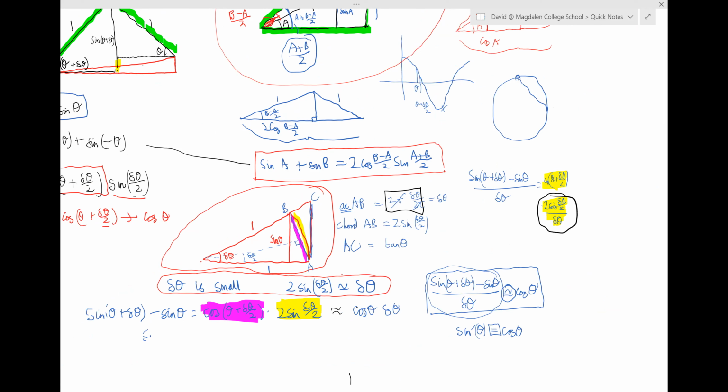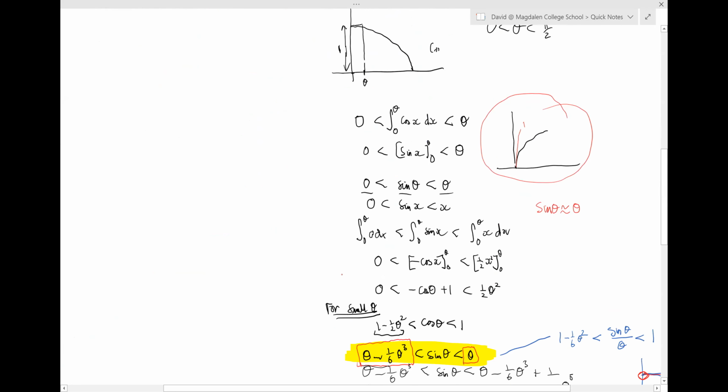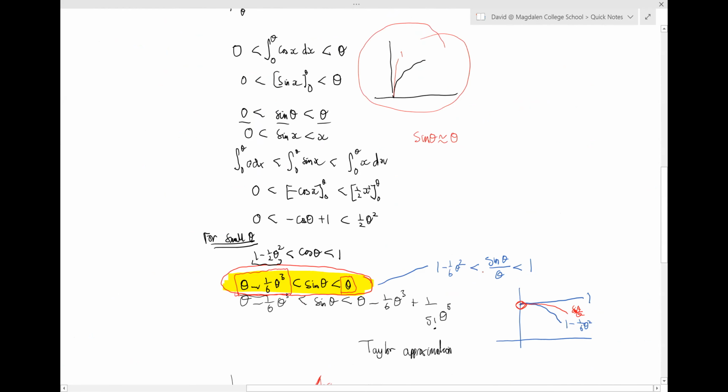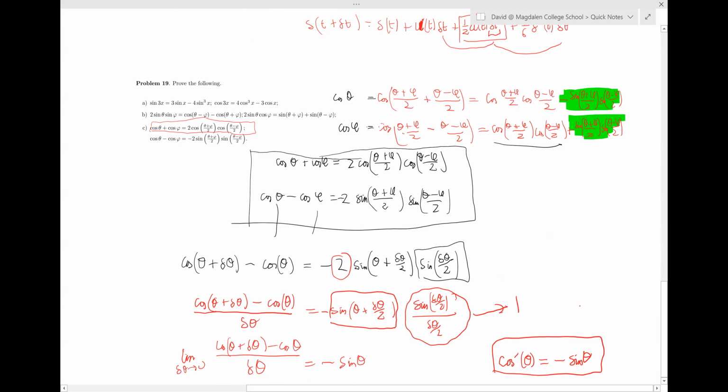So I did a little bit of hand waving. The extra work we've done here allowed me to have a rigorous proof for why, in the limit, sine theta over theta goes to 1. And so I've done a better proof of cos theta plus delta theta minus cos theta over delta theta.